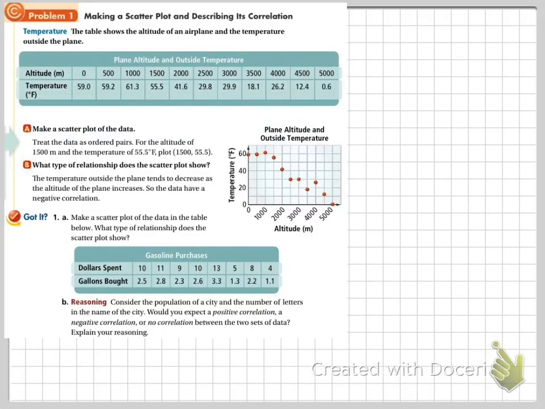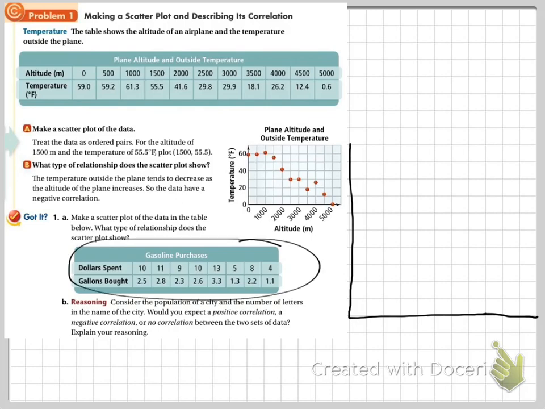Okay. So we are going to make a scatter plot of the data down here and explain the type of relationship it has. So let's sketch in a graph. Whenever you have a horizontal table like this one, the top row is your x's and the bottom row is your y's.